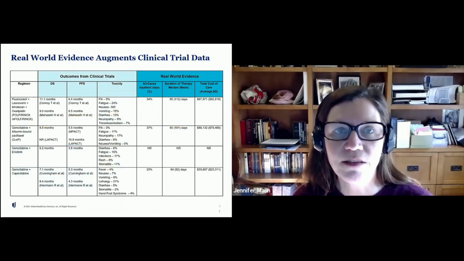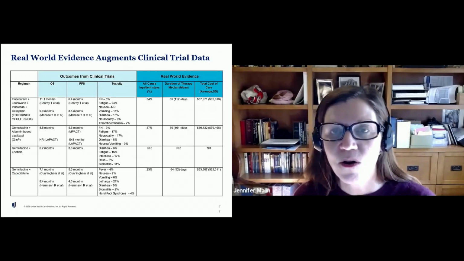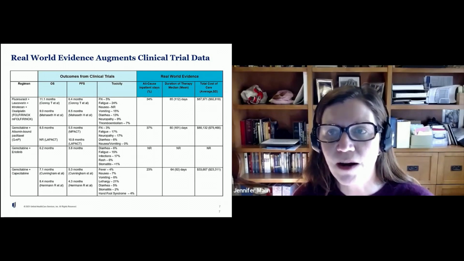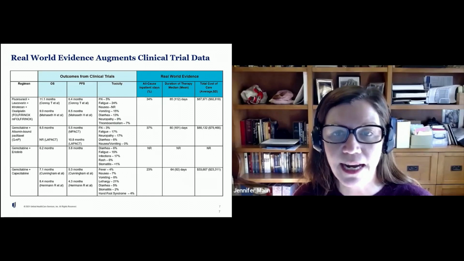I wanted to share how we've used the claims data augmented with our prior authorization data to look at additional outcomes for cancer treatment regimens that you don't usually get from the clinical trial data.